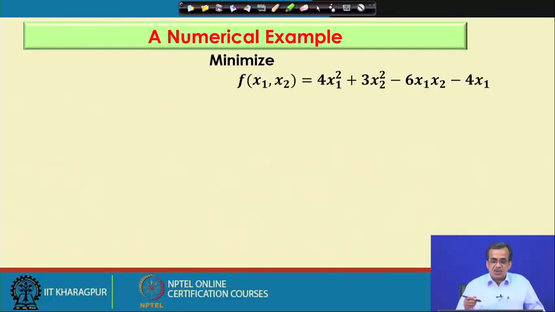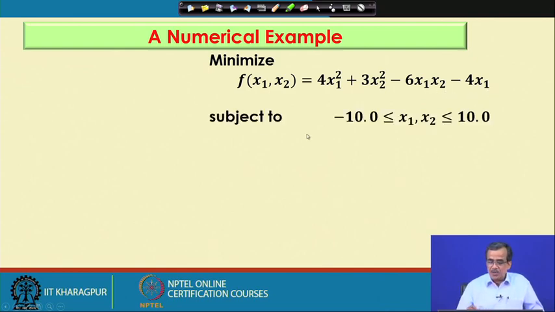Here I am going to minimize one function, f of x 1 x 2, that is 4 x 1 square plus 3 x 2 square minus 6 x 1 x 2 minus 4 x 1, subject to x 1 and x 2 lying between minus 10 and plus 10. I am not considering any functional constraint, so this is an unconstrained optimization problem.